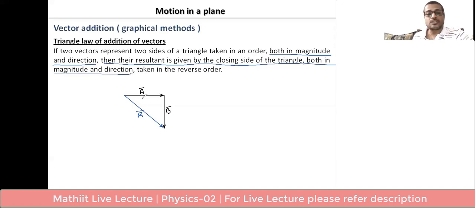Then how should I close the side? Because I could have drawn an arrow here also, right? This is also a closing side. So in order to remove that ambiguity, we say taken in the reverse order. So every part of the statement is important. What students end up doing is, sir, this statement is very lengthy. I have come across study material where the entire triangle law is given in just one line. Can I use that?